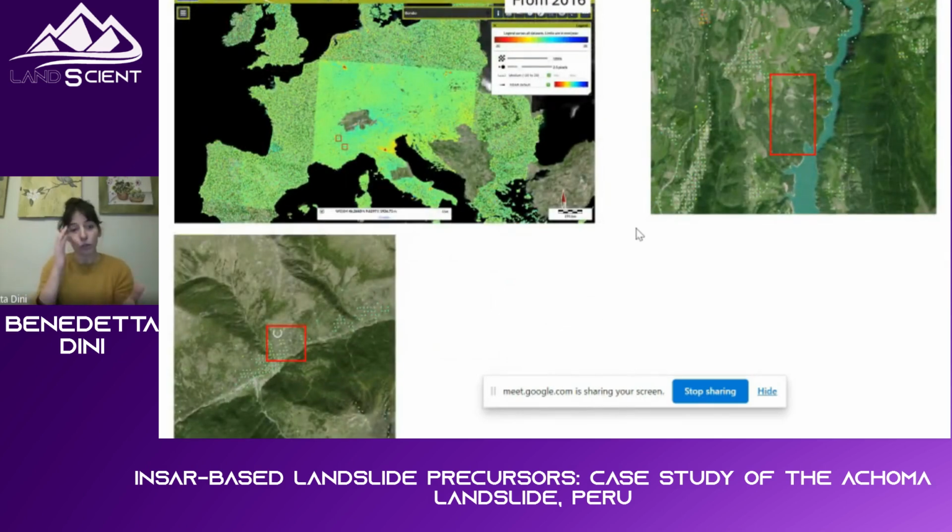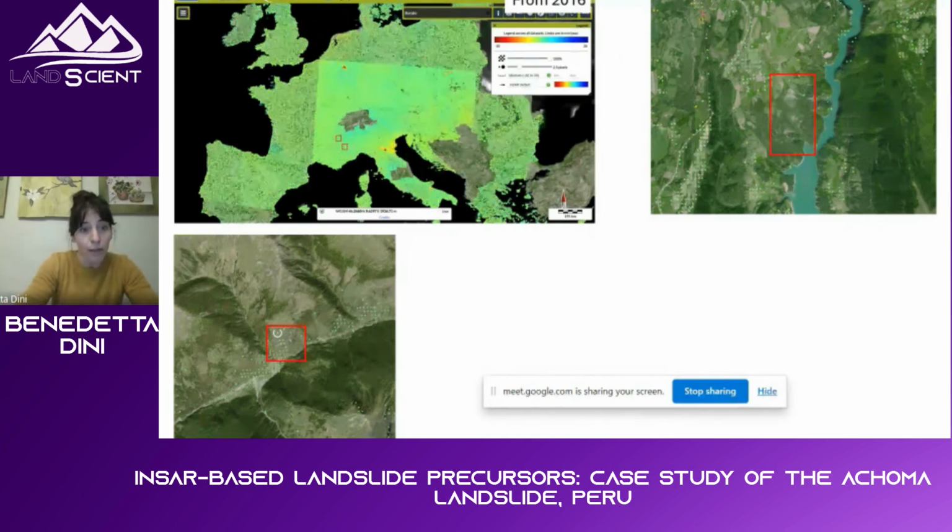And I just want to show you what I mean. We have here on the top left a snapshot of the European Ground Motion Service, which is an excellent product where InSAR is updated, I think, every 6 months from 2016. So this is incredible, what they have. Of course, a lot of important information is contained here.